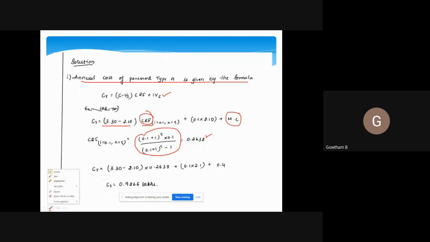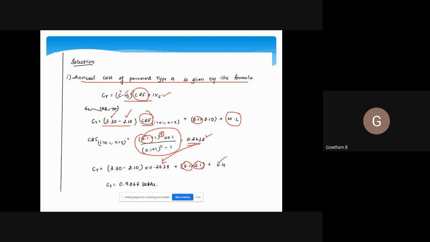You can see I did all the calculation using this formula. C stands for 3.3 lakh as given in the problem. Salvage value is 2.1 lakh. CRF I calculated separately; 10% is the rate of interest and N value is 5 years. I substituted the values in the formula and got 0.2638. Then plus I into VS: I for payment type A, that is the interest rate, is 10%, and the salvage value is 2.1, substituted here.